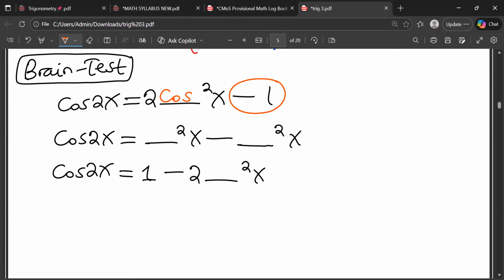Because from the trig identity, the second is cos. Then what?